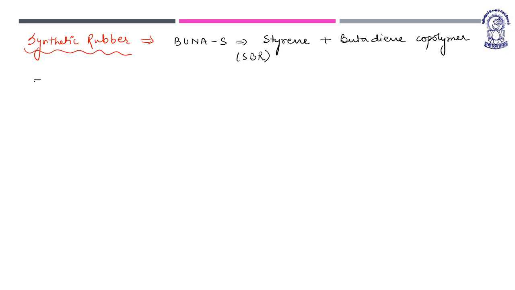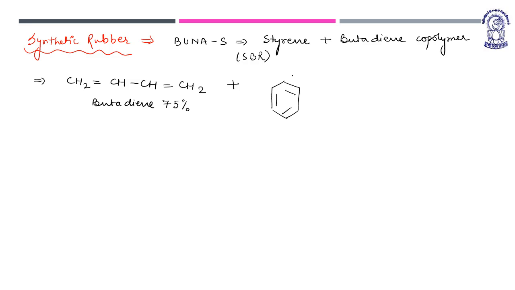The monomeric units are 1,4 butadiene, 75%, and styrene, 25%, which makes a polymeric chain like this.